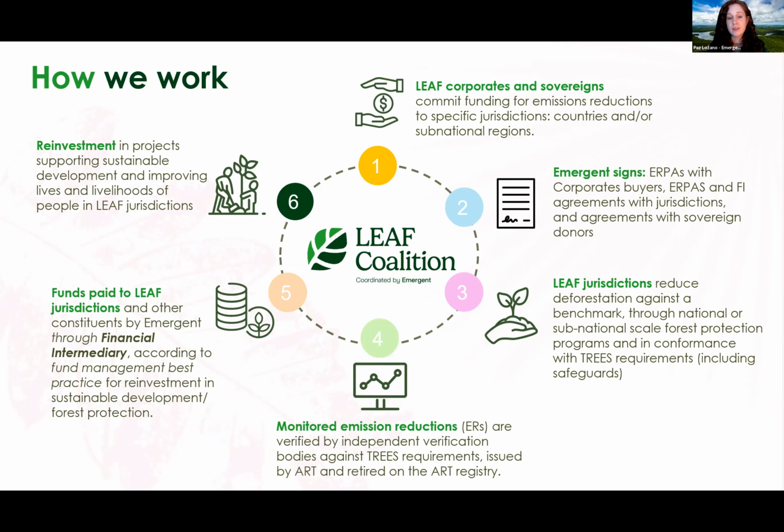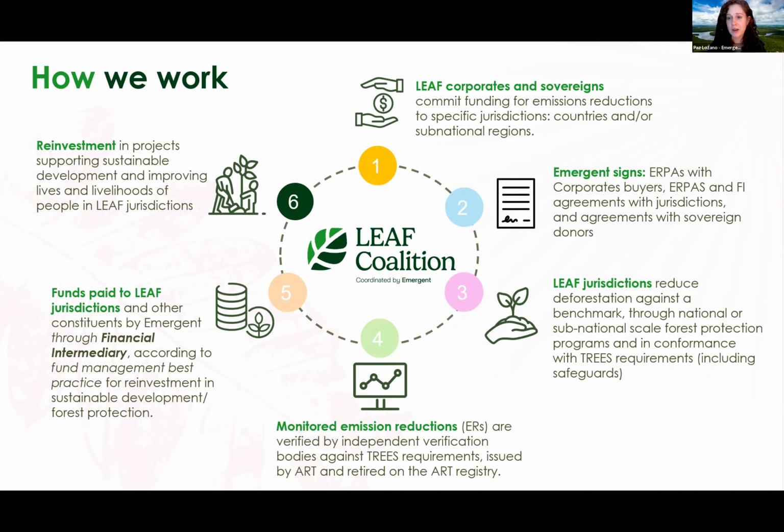Then it's the hard work for the jurisdictions to actually reduce deforestation, to implement activities that really generate results and emissions reductions. They have to do so in conformance with the TREES standard requirements, which includes the safeguards Lucia has already talked about.